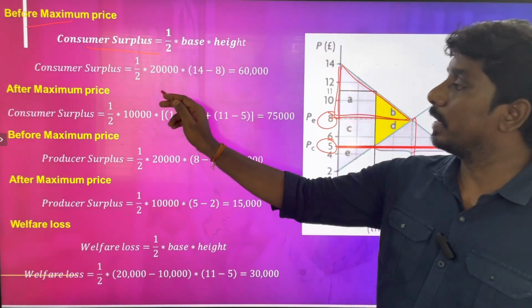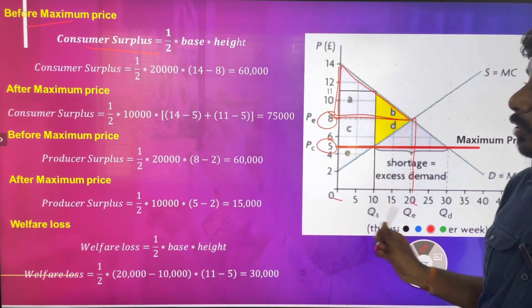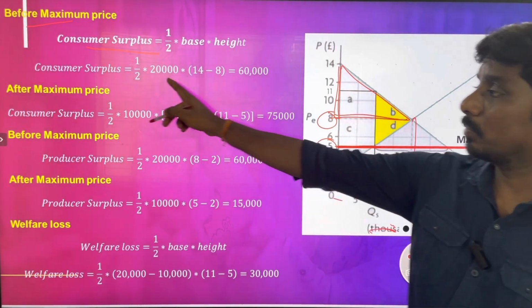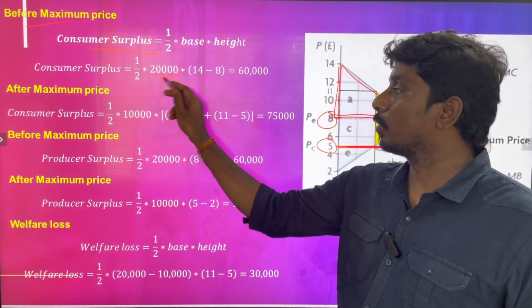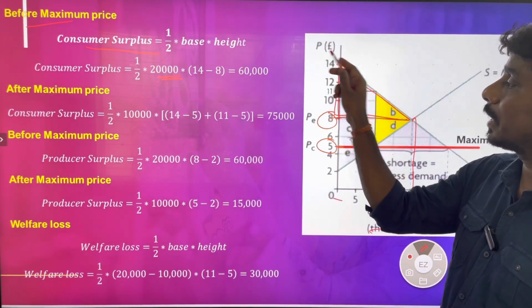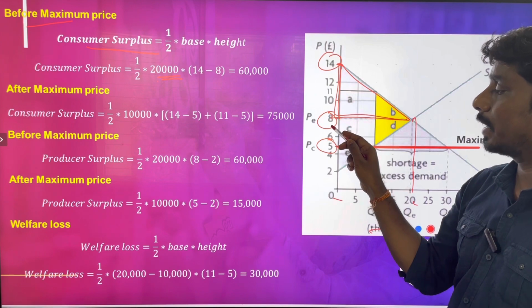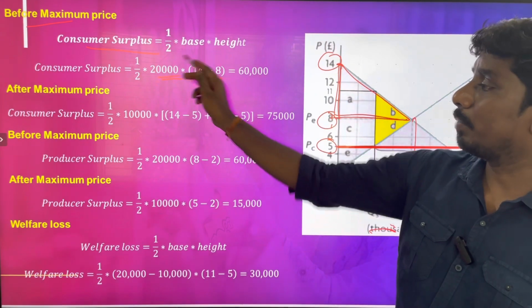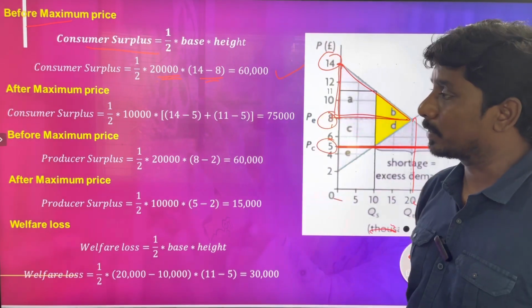So the base is 20,000, okay, the units are in thousands. So 1 by 2 into 20,000, and the maximum price the consumer is willing to pay is 14. Equilibrium price is 8. So 14 minus 8 is the height. So multiplying, we will get the consumer surplus.